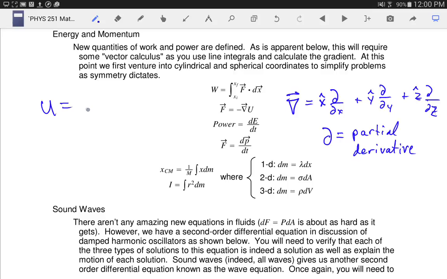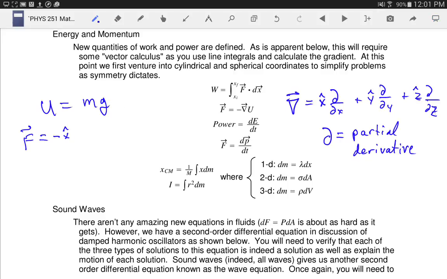So to give you an example, let's suppose that I had u is equal to, what it is approximately on the surface of the Earth, mgz. So if that is my u, and I want to find the force associated with that, I would say my force vector is equal to minus, and then I have this gradient. The little x with a hat over it means in the x direction. We divide our directions, three-dimensional space, into x, y, and z, each one perpendicular to the others.